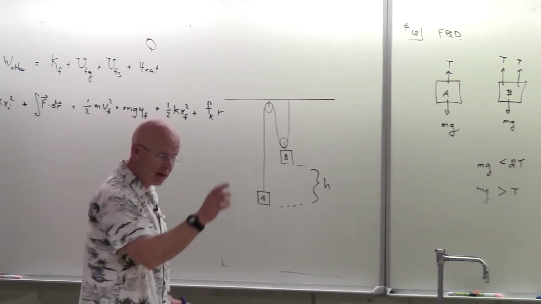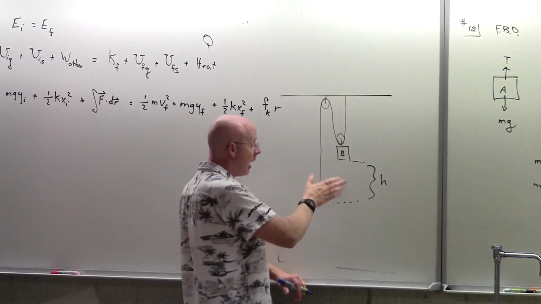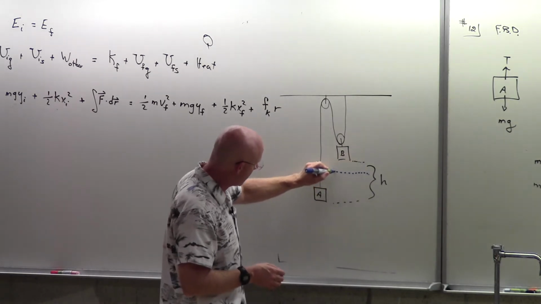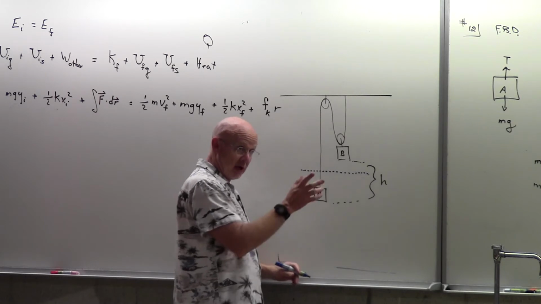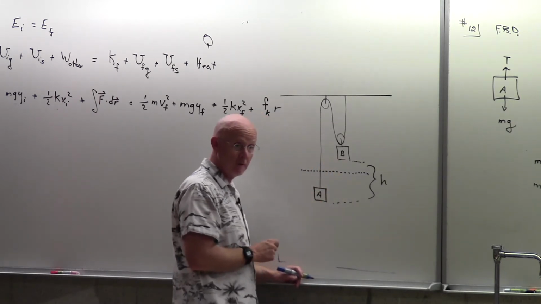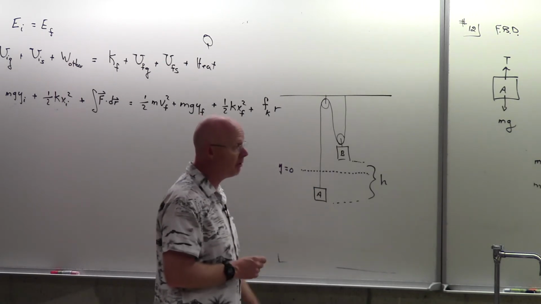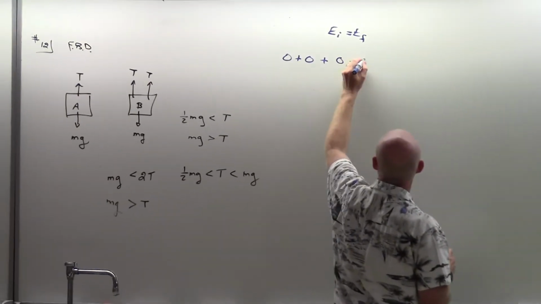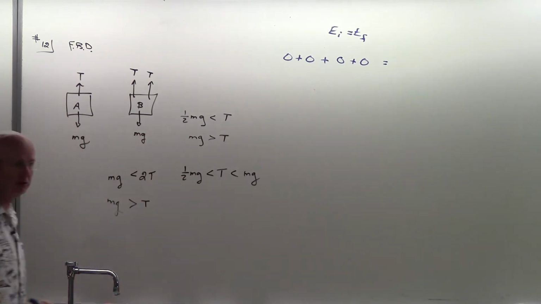So by your definition, and I'll go with yours since you were the first to speak up here, I am basically saying they start maybe right about here in my picture. Because as we said, this one goes down twice as much as that one goes up. And so taking that as y equals 0 means then that each of them start with 0 height and 0 potential energy.